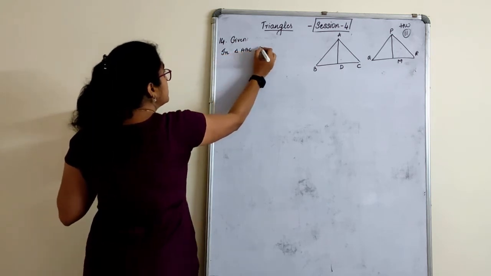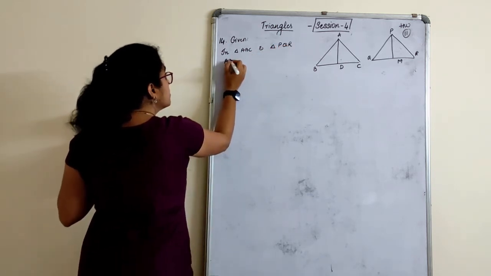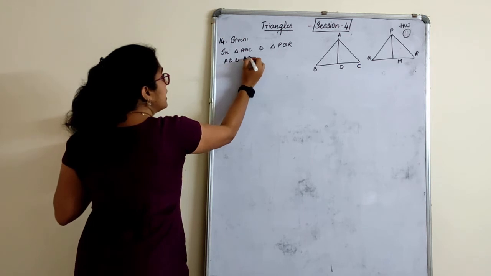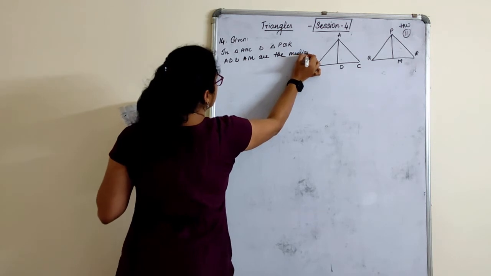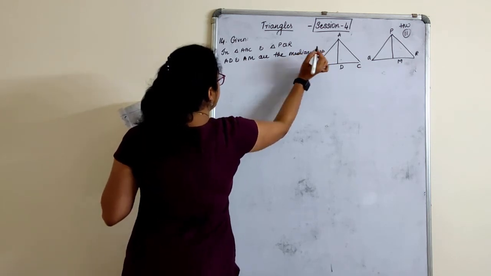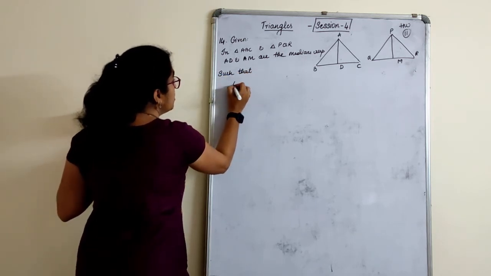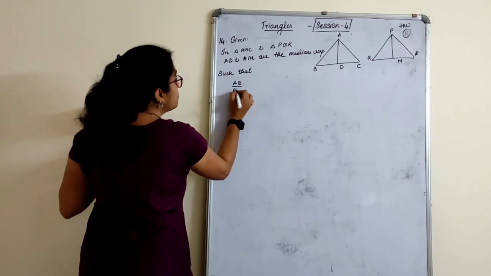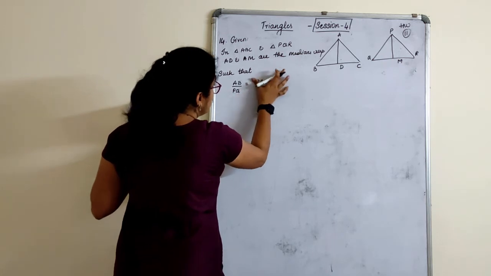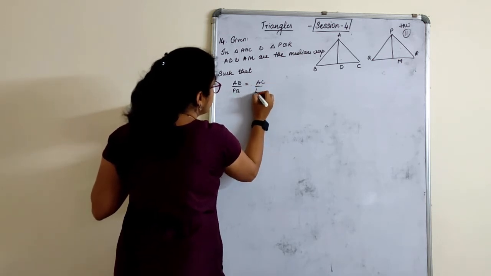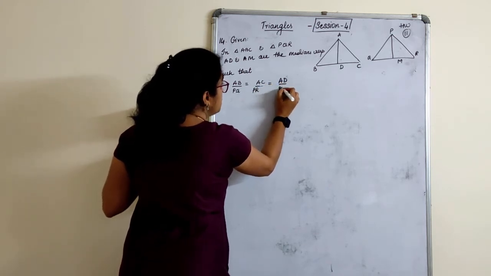In triangle ABC and triangle PQR, AD and PM are the medians respectively, such that what is proportional? AB upon PQ is equal to AC upon PR is equal to AD upon PM.